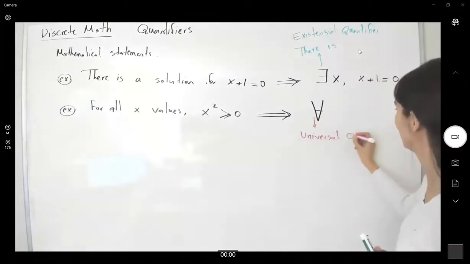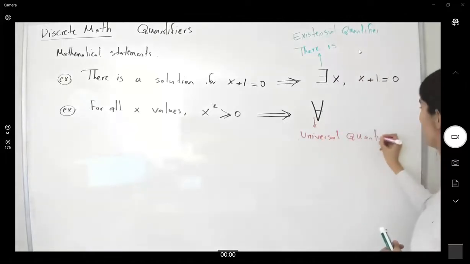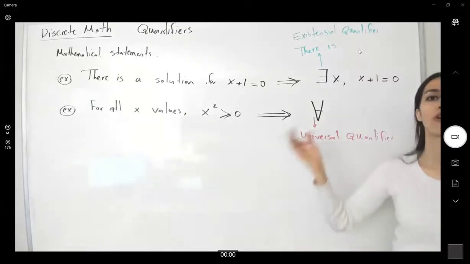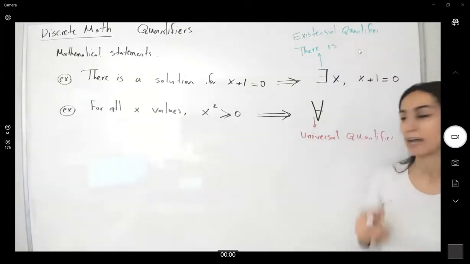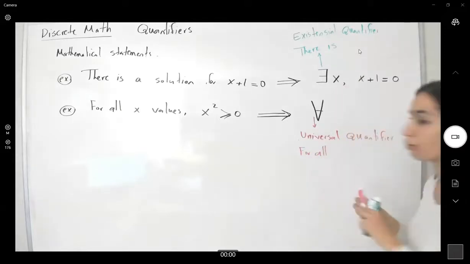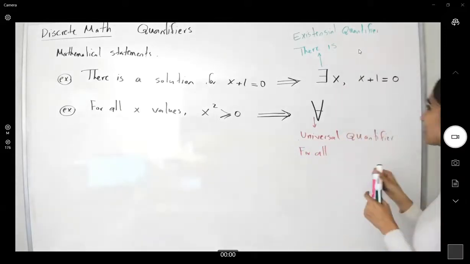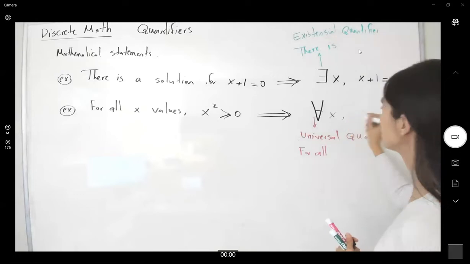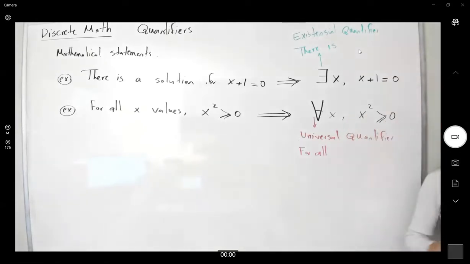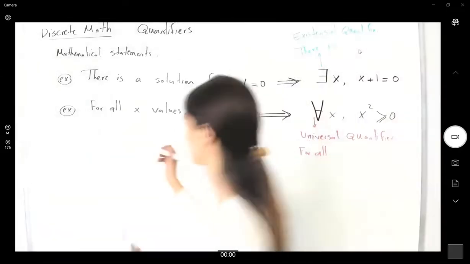You read it as for all, for any, for every: for all values of x, if I square it, it is going to be greater than or equal to 0. These statements are called quantified statements.